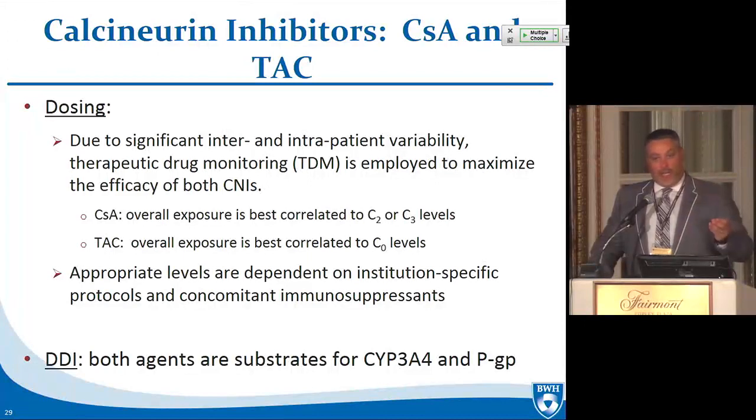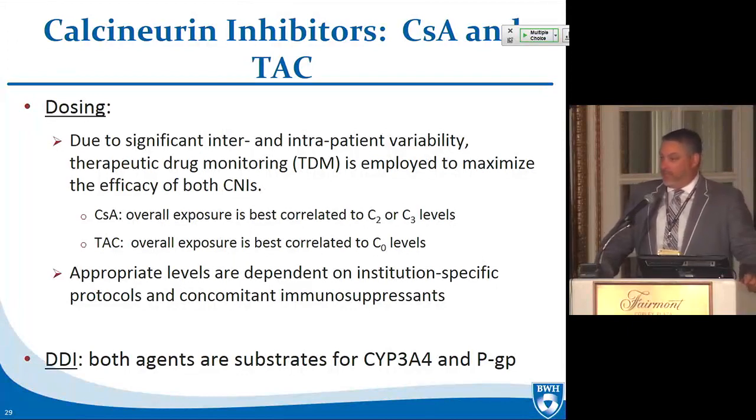With a trough level, I can draw the level 12 hours plus or minus 2 hours. So if you have a clinical laboratory like ours where a patient could wait 3 minutes or 3 hours, you may be better off using trough level monitoring, which is what we still do in our patients, even still on cyclosporin.